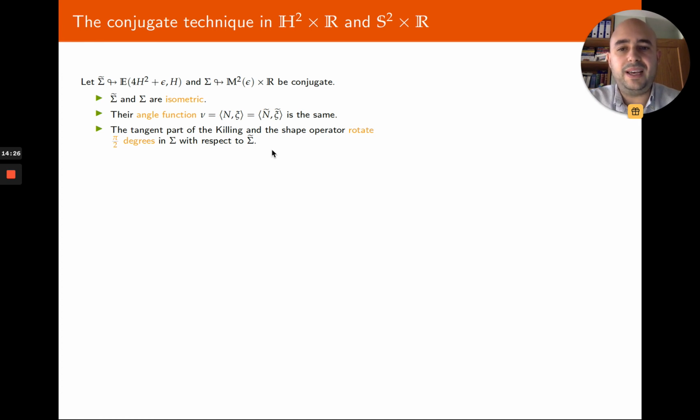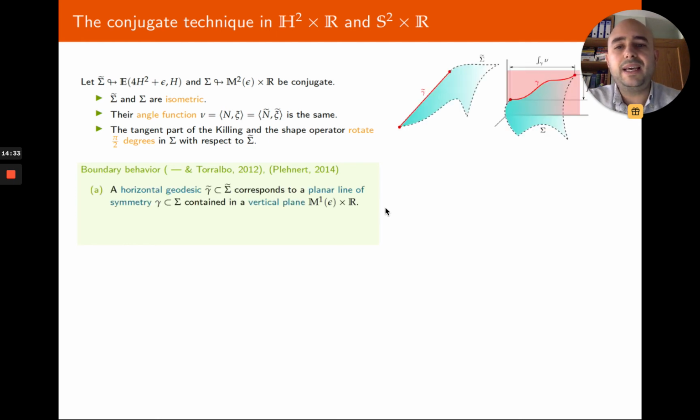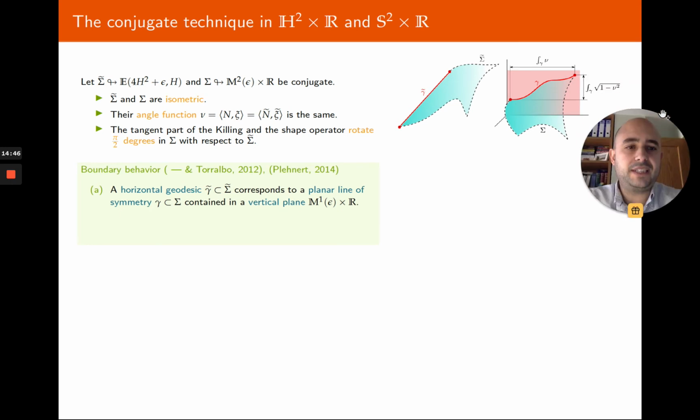So I will restrict to the boundary behavior, as in the Lawson setting: when we have a horizontal geodesic in the original minimal surface, then it corresponds to a planar line of symmetry in the H surface. You can see this picture here: a horizontal geodesic in the initial surface becomes a planar line of symmetry contained in a vertical plane in the corresponding surface.